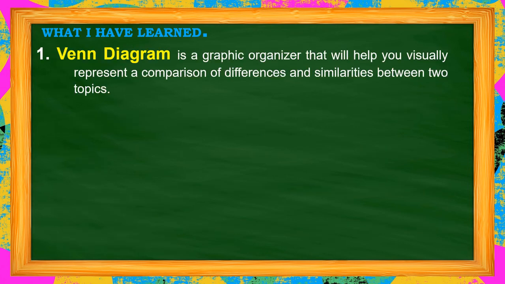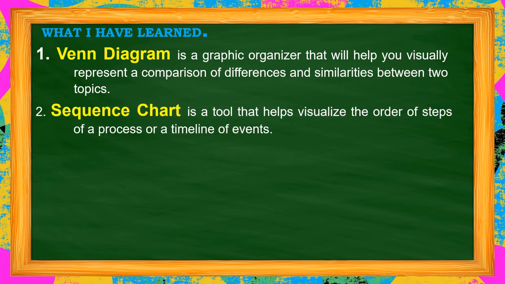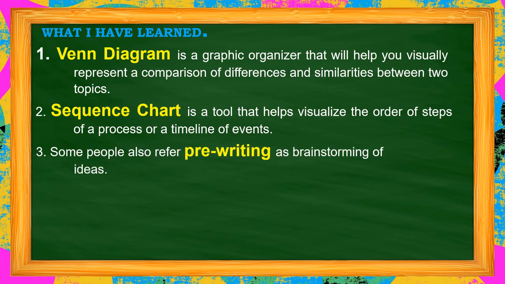Number 1, Venn diagram is a graphic organizer that will help you visually represent a comparison of differences and similarities between two topics. Number 2, sequence chart is a tool that helps visualize the order of steps of a process or a timeline of events.